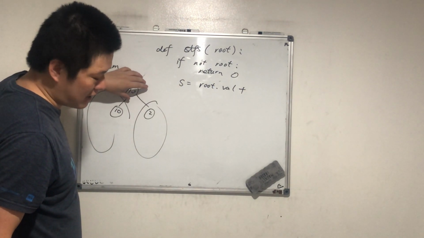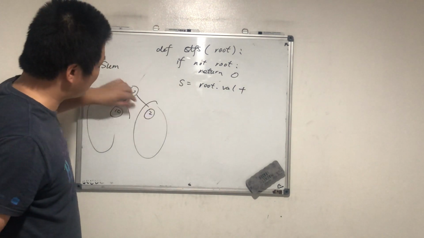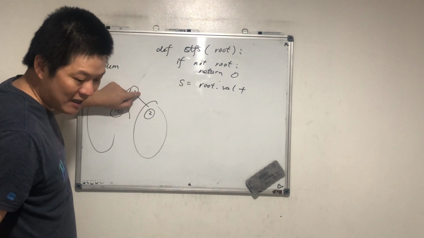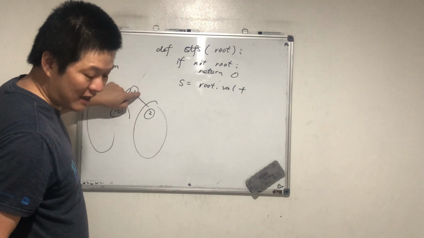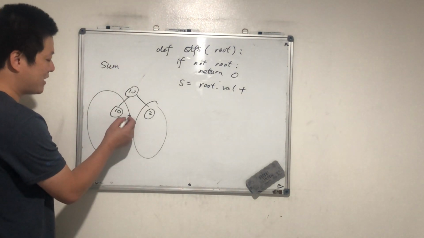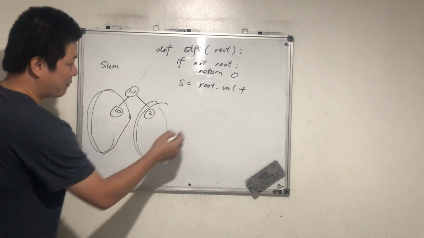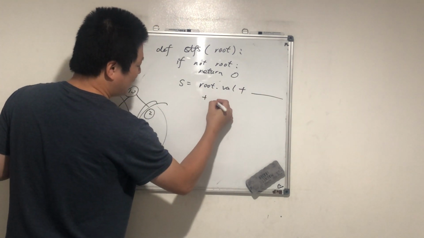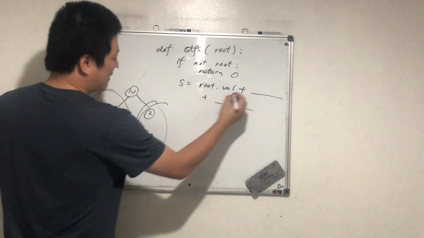If it's not empty, it equals the root value, which is 10, plus what? Recursively, what's this bit and what's this bit? Read the left, read the right.